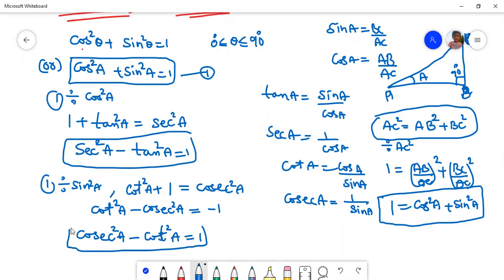If we multiply with negative on both sides, we are getting minus cot square A plus cosec square A equal to 1. So we can write the first positive term: cosec square A minus cot square A equal to 1.